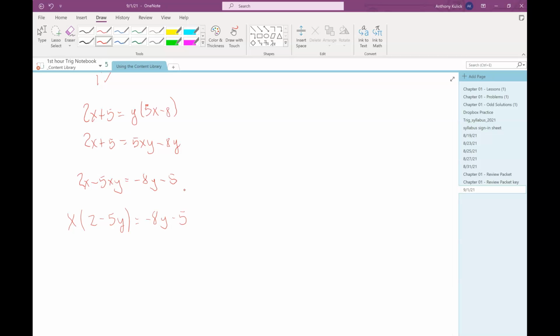Landon? I factored, right? I noticed there was 1 x in both locations, so I can just take a greatest common factor out. Just like if I had 2x plus 5 minus x squared, I can take an x out.